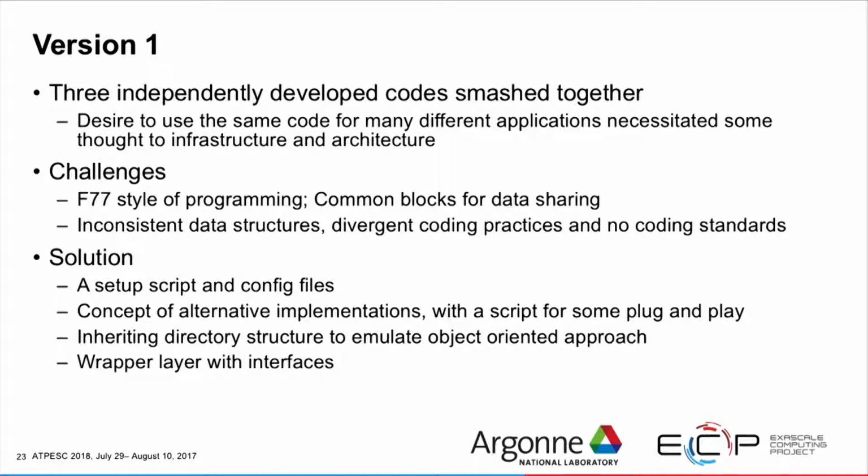Now, a few good things happened in that the people who were putting these codes together wanted to use the same code for multiple different types of problems. So they wanted to use them for more than one type of thermonuclear runaway.